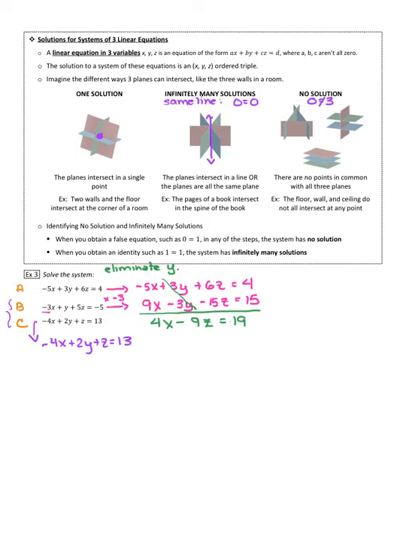Now to B, I'm going to write B right below it, but I want that y again to be the opposite of 2y, so I'm going to multiply everything by a negative 2. And so that's going to give me negative 3 times a negative 2 is 6x minus 2y. 5x times negative 2 is minus 10z, and then negative 2 times negative 5 is a positive 10.